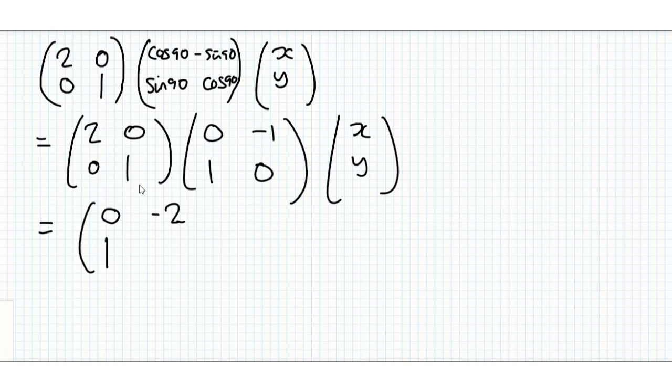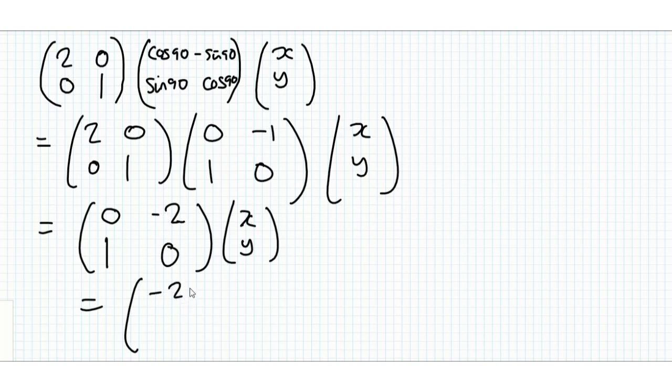Then we get 0 times -1 plus 1 times 0. Now we can multiply this in. We get 0 times x plus -2 times y, so that's -2y. And we get 1 times x plus 0 times y.